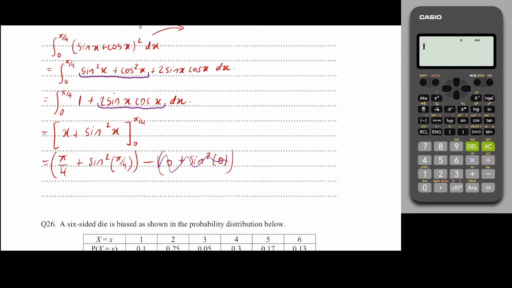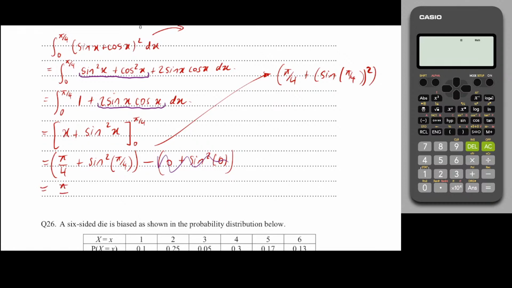So sine squared pi on 4. Remember, this is the same as pi on 4 plus sine pi on 4, all squared. So what is sine of pi on 4?